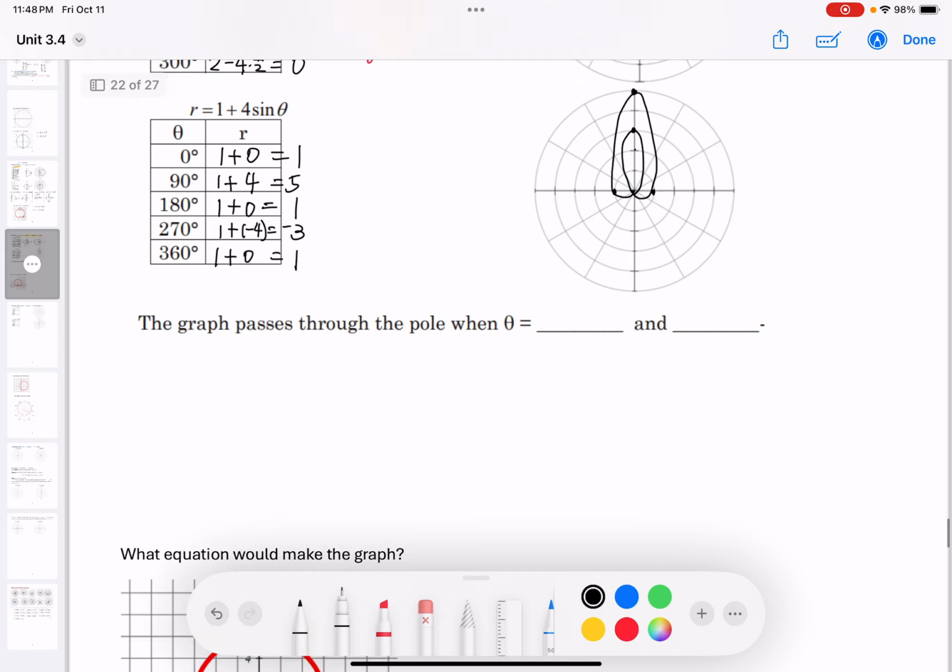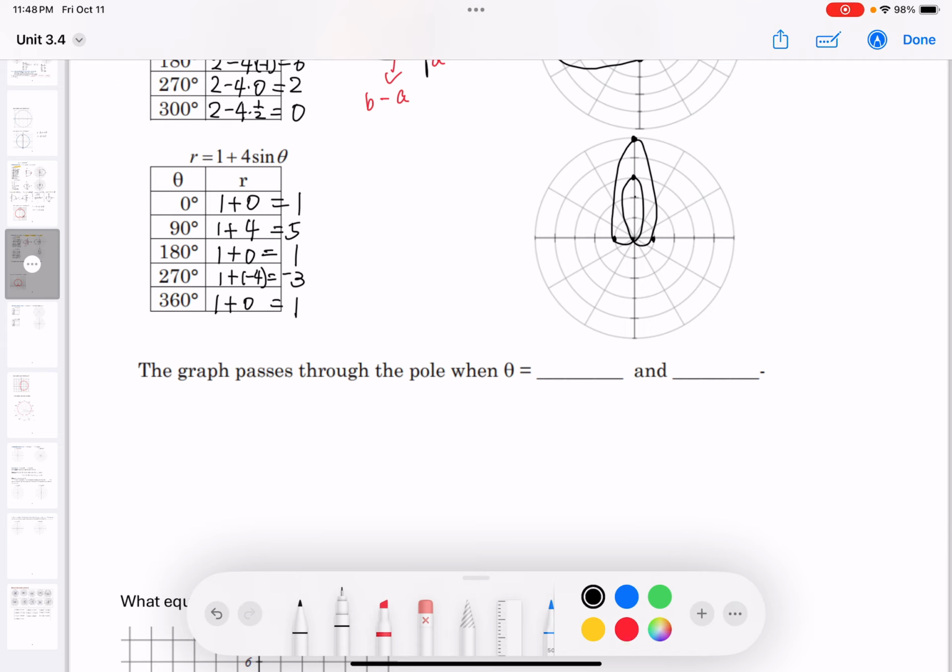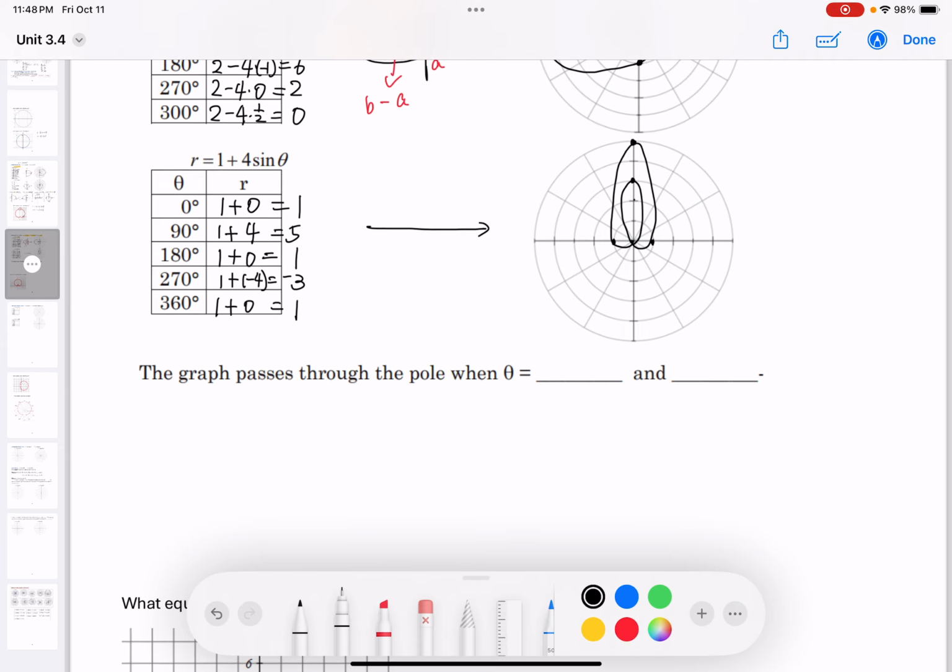Okay, without having this table and the calculator, how can I graph it? First, I need to identify the shape. This is a limaçon because 1 is less than 4. So 4 is big, we'll get a big inner loop. So this is a limaçon with an inner loop. And the sine means my shape is on the y-axis. And in front of the sine is positive, so my major graph will be located on the positive y-axis.